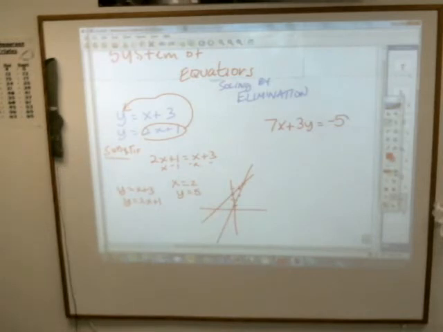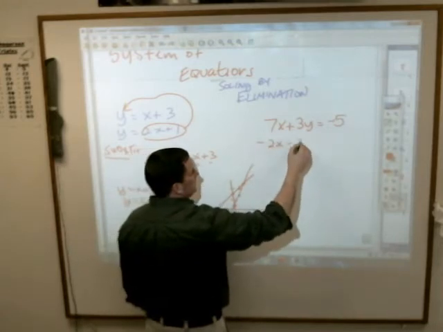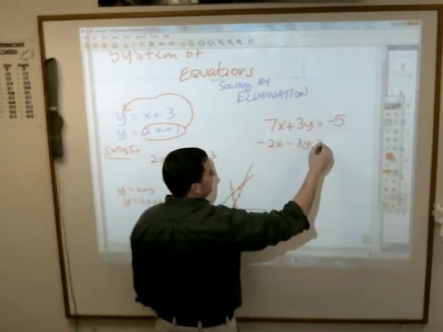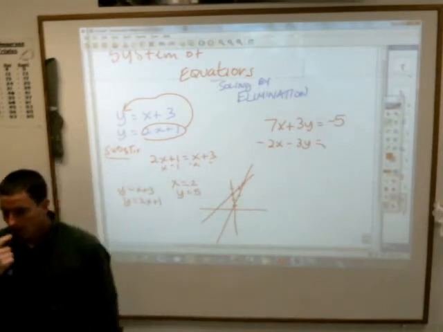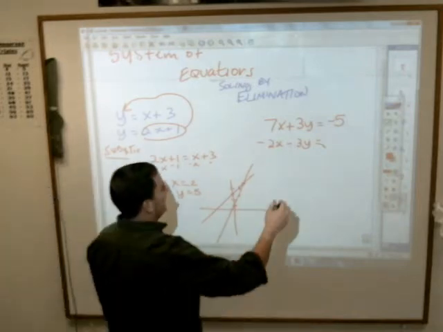And negative 2x minus 3y equals 5. Maybe I don't like this one. Wait a second. Sure, I do like it. Not bad.